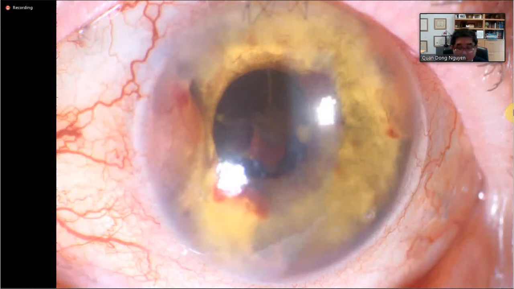So when lymphoma recurs, in addition to vitreous cells, you can expect it to also appear in the anterior chamber. Not every case, but often those cases do.